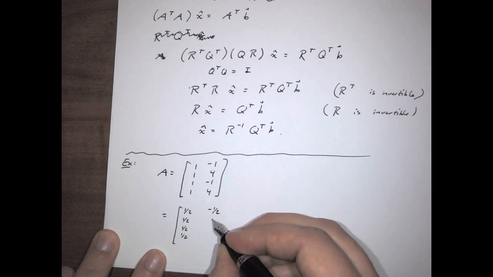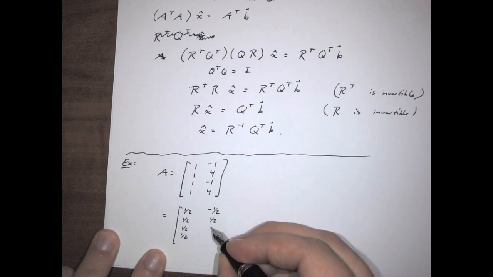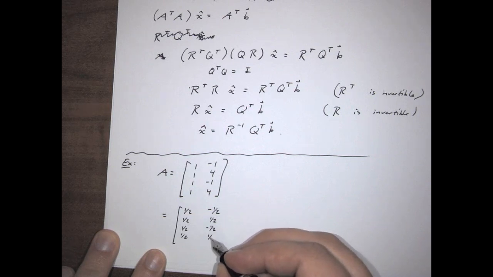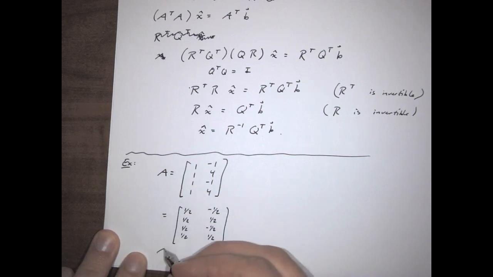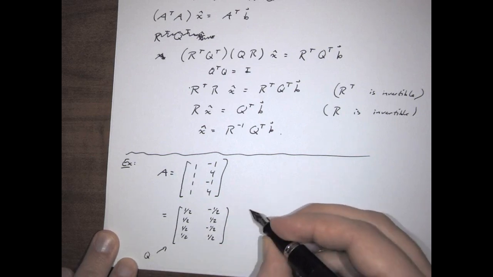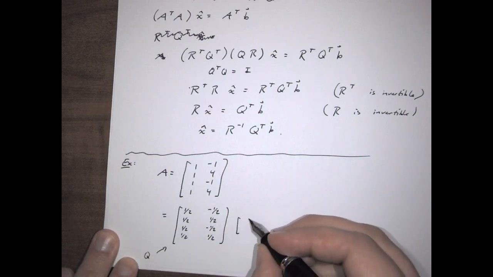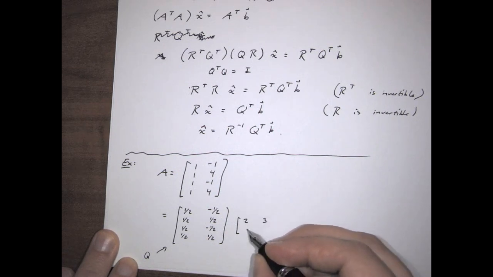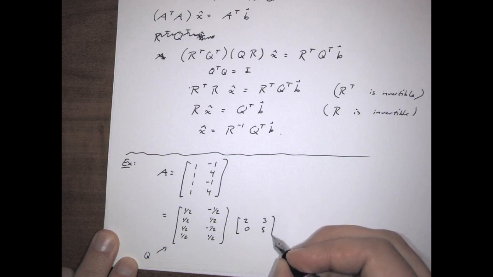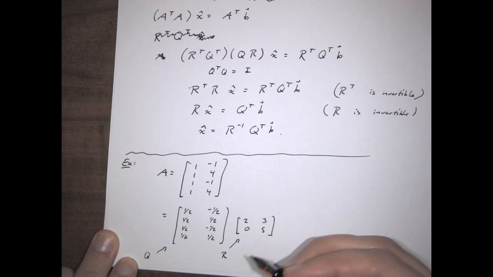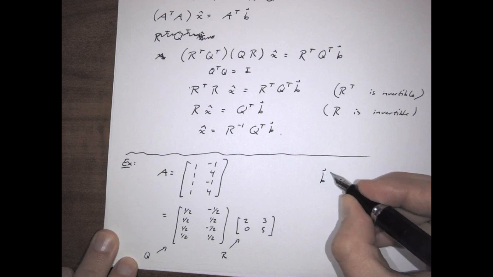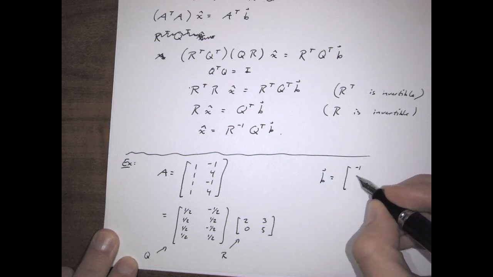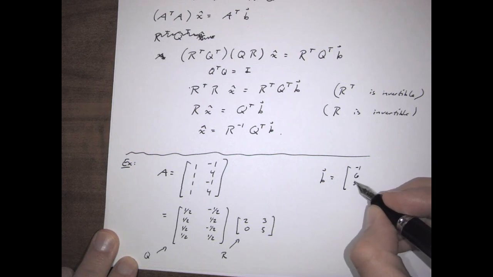Negative 1/2, 1/2, negative 1/2, and 1/2. So that's Q. And then here comes the R: 2, 3, 0, 5. And then let's say that B is equal to -1, 6, 5, 7.